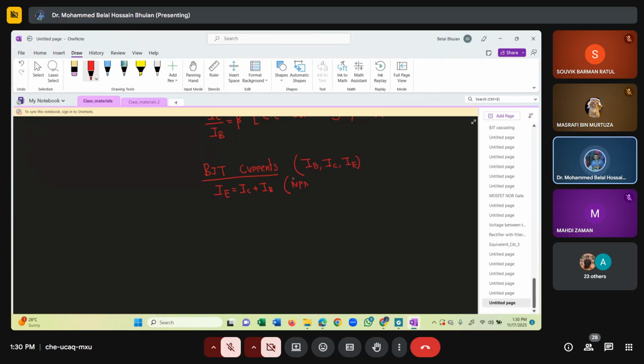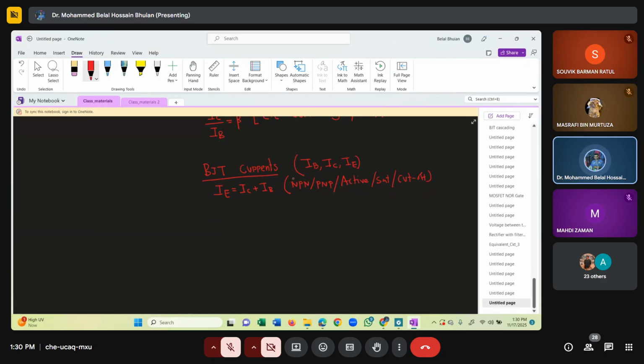Whether it's NPN, PNP, active, saturation, cutoff, in all cases this is true.